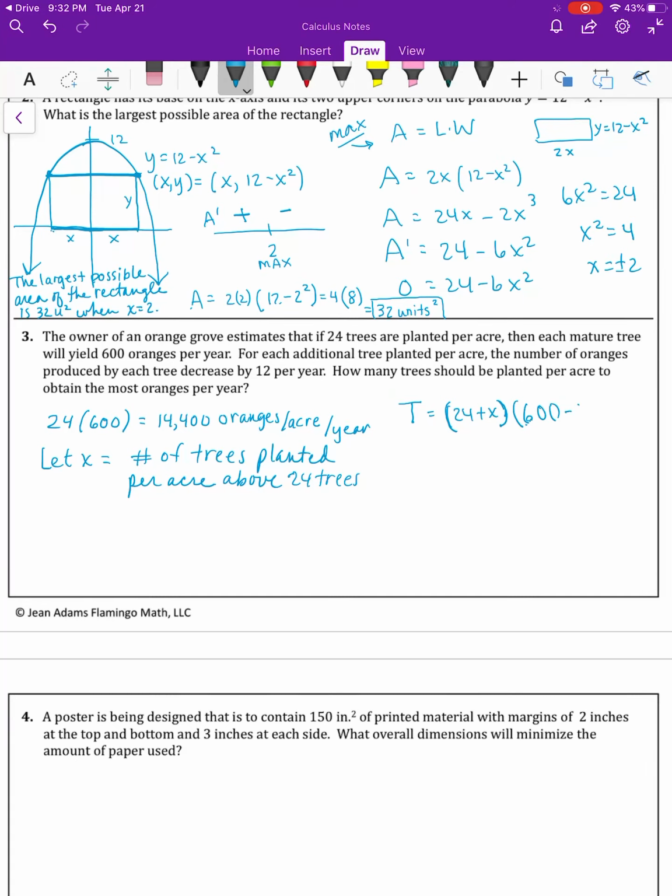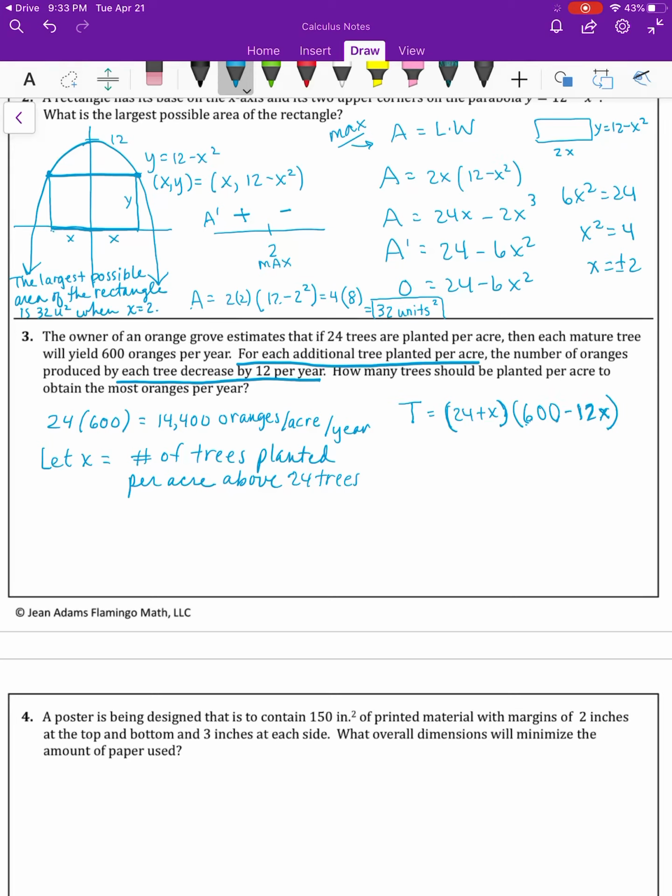And if I do that, then my total number of oranges is going to be 24 plus x times 600 minus 12x, because every single one of those x trees is going to cause the other ones to reduce by 12 the total number of oranges.